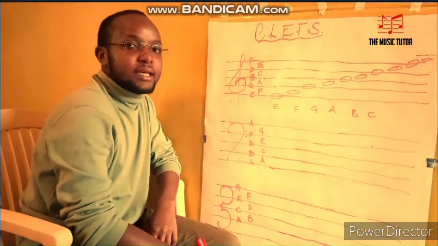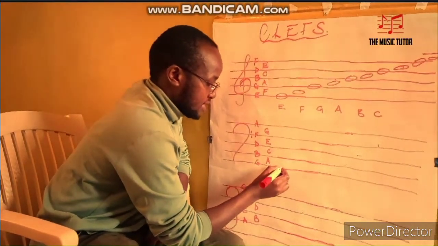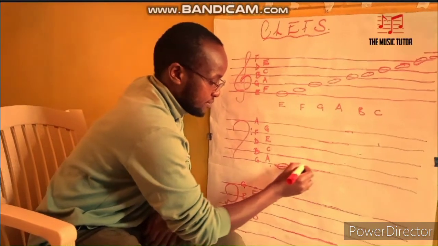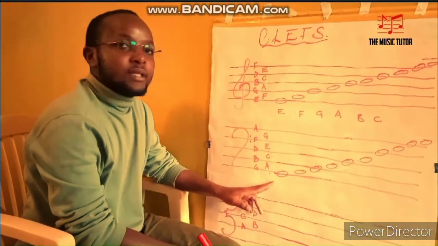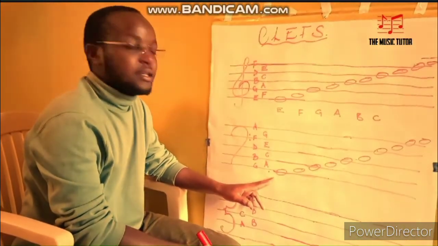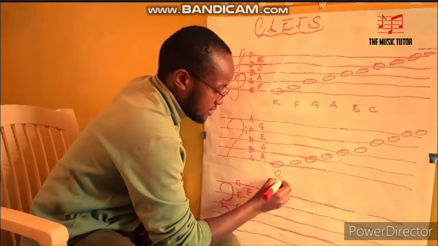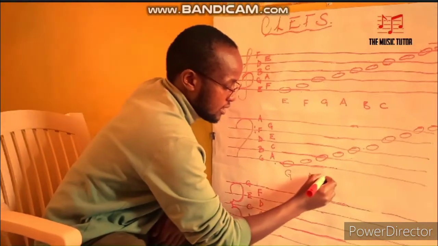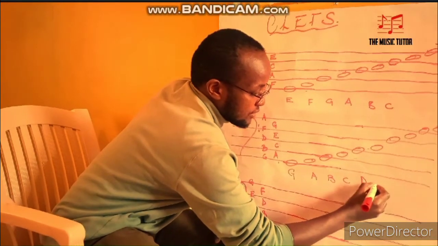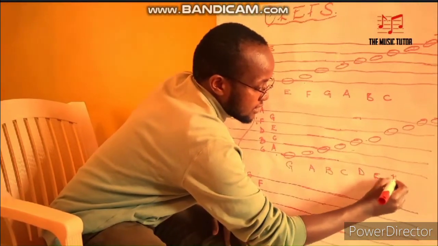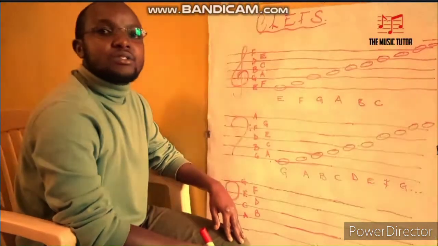Let us write notes on the bass clef. We start from below. We use a semi-brief. The same way, the notes take the names of the line or the space, meaning this is note G, note A, note B, note C, note D, note E, note F, note G, and subsequently the same trend continues.